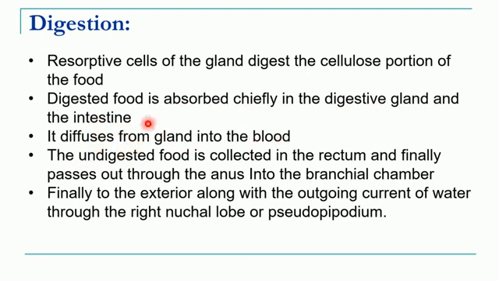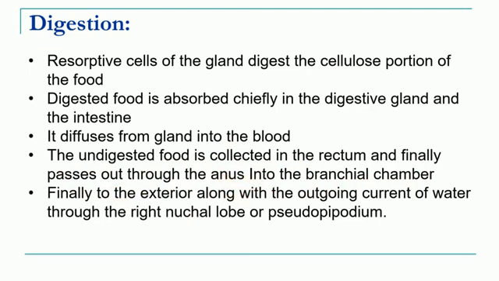From the digestive gland and intestine, the absorbed food material is released into the blood, and then the blood will supply it to the other body parts. Now the remaining undigested food is collected in the rectum and it finally passes through the anus in the branchial chamber. So this also takes place in a serial manner.